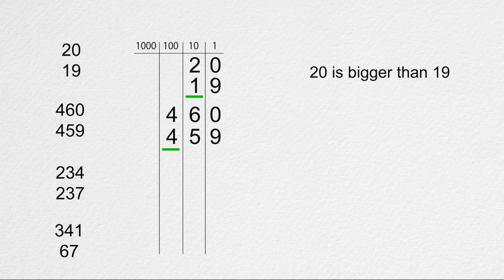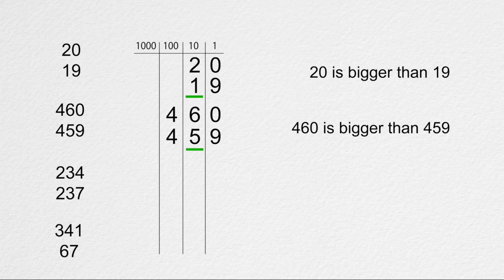Both numbers are effectively 400 and something. Now let's look at the tens column. We see that 460 has 6 tens and 459 has 5 tens. OK, we don't need to compare the numbers any further. 6 tens is greater than 5 tens, so we can say that 460 is bigger than 459.